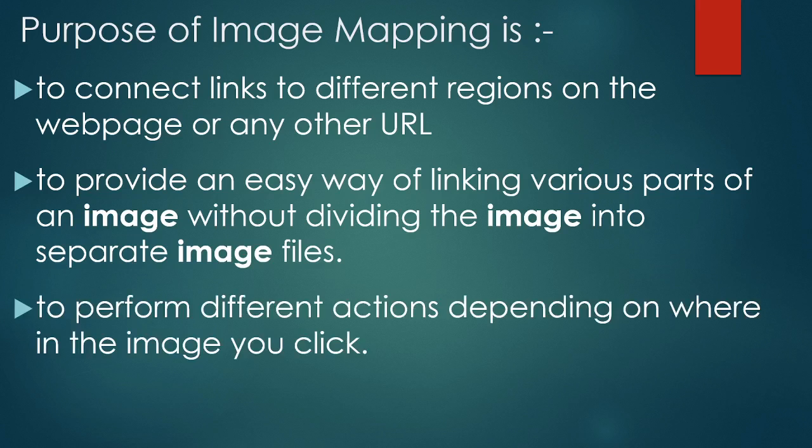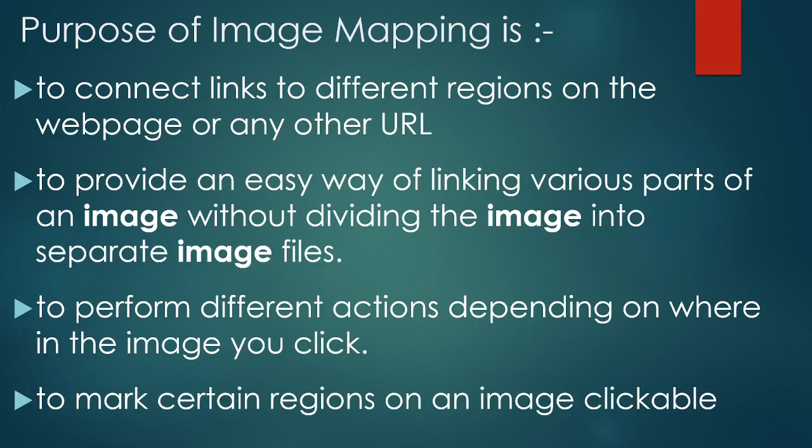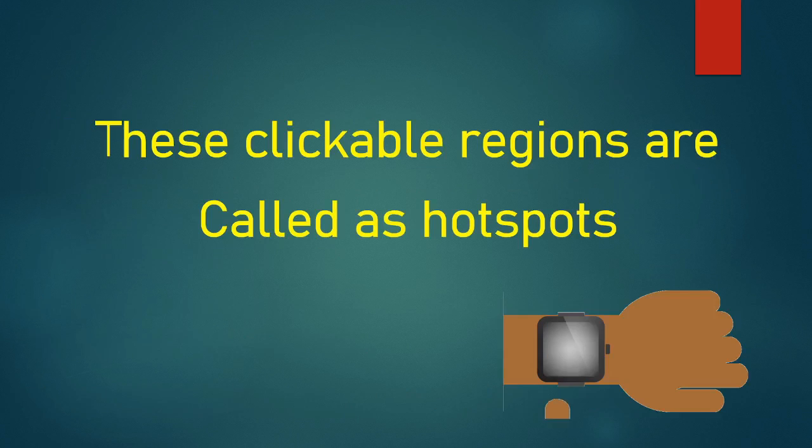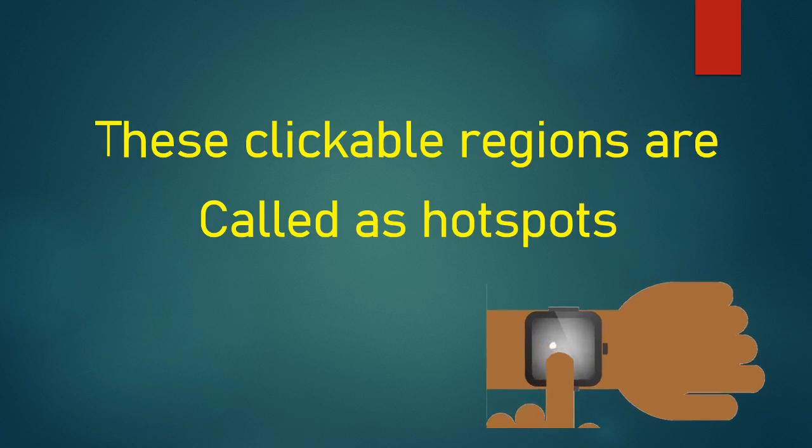Then next is to perform different actions depending on where in the image you click, and last, to mark certain regions on an image which are clickable. This is a very important sentence, that is, these clickable regions are called hotspots. Yes, these regions are called hotspots.